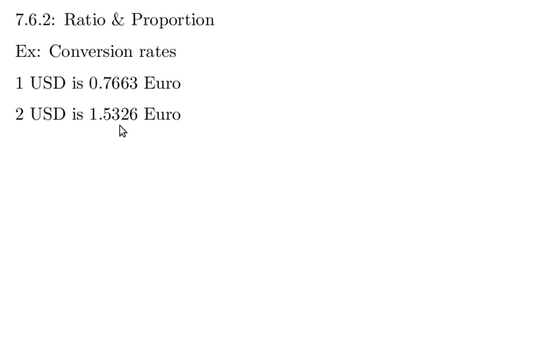But what we can do is we can write this as a proportion. See, the proportion of US dollars to euros remains the same. So this will be 1 US dollar to 0.7663 euro.